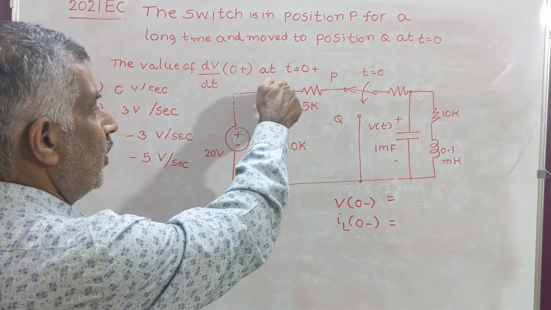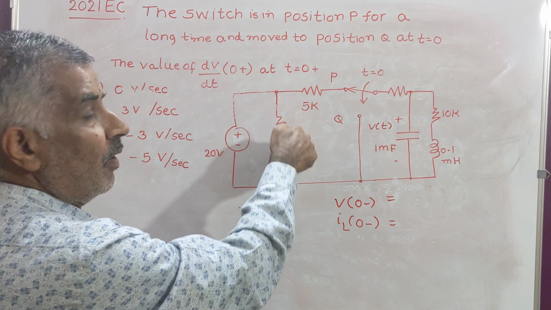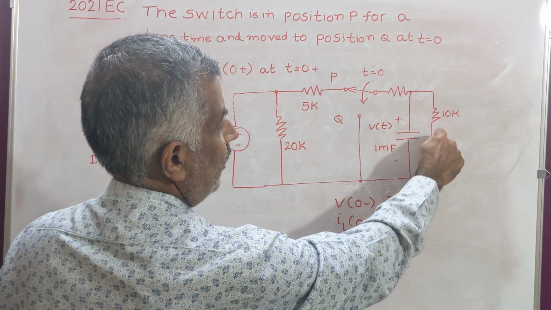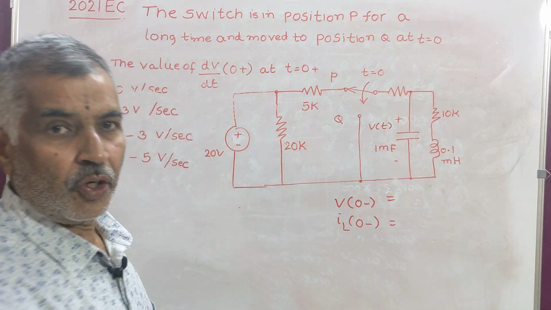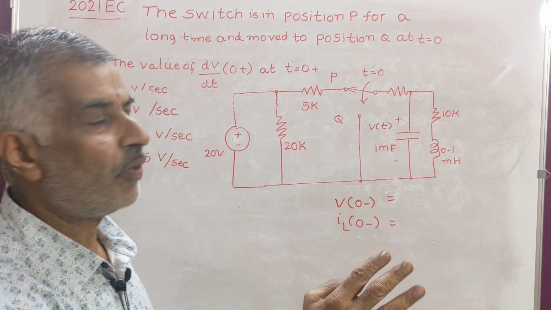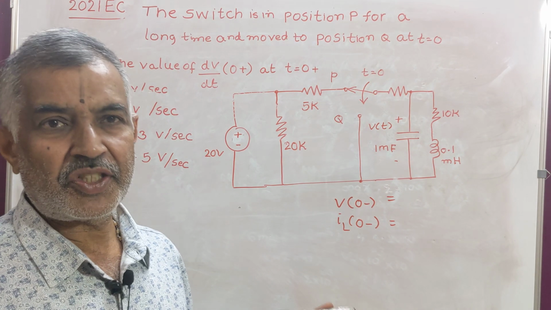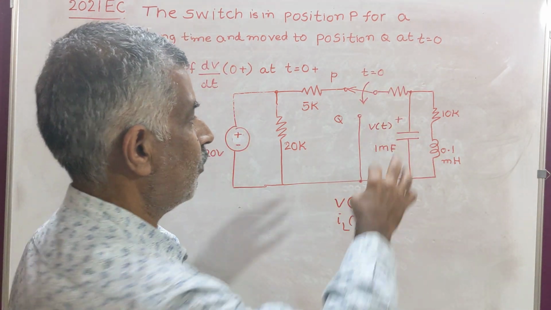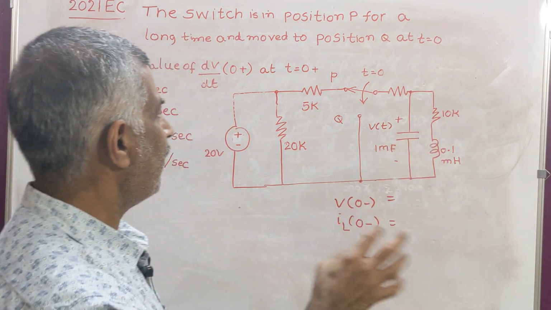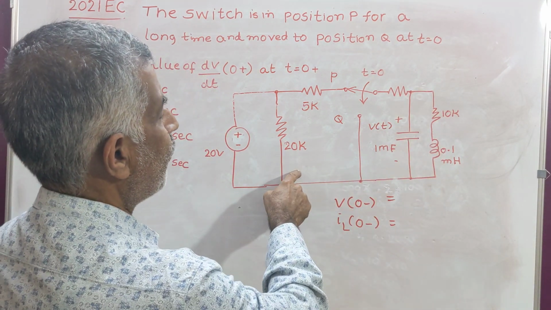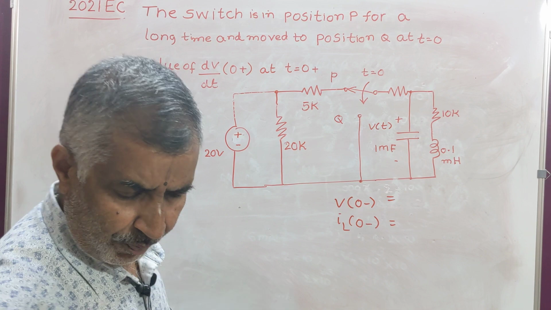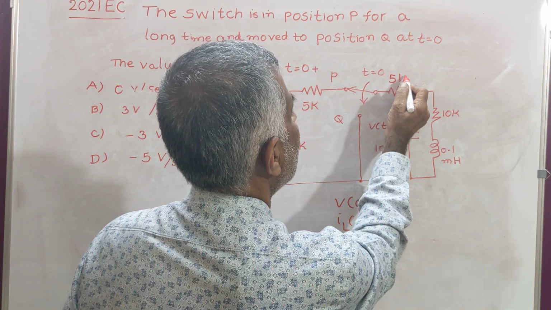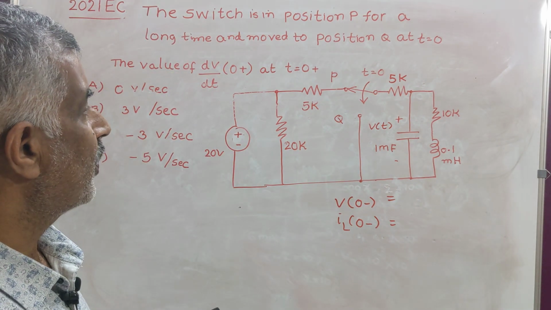Now look into the network. 20 volt, 20k in parallel. In parallel with this, a branch is connected. Don't bother about the capacitor. Forget about the capacitor, because the capacitor is charged to some voltage and the current through the capacitor becomes 0. Now this resistance is also 5k. It is missing. This resistance is also 5k.